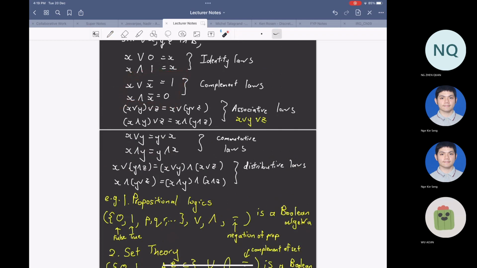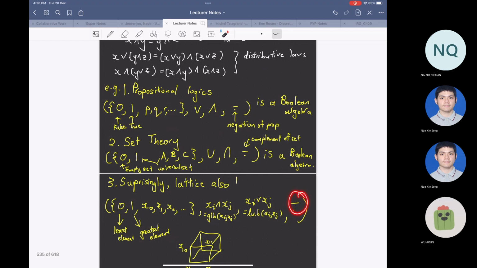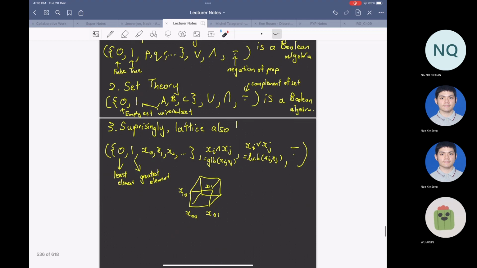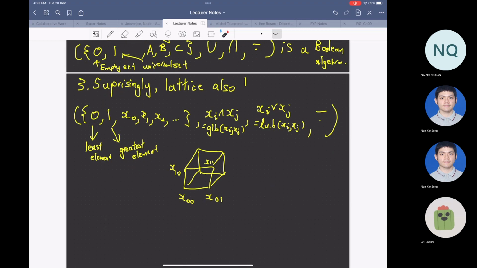You need to find what this element is. This will become the bar operation. If you're interested, the textbook, I think, has it. But what you need to know for now is lattice is also a Boolean algebra.